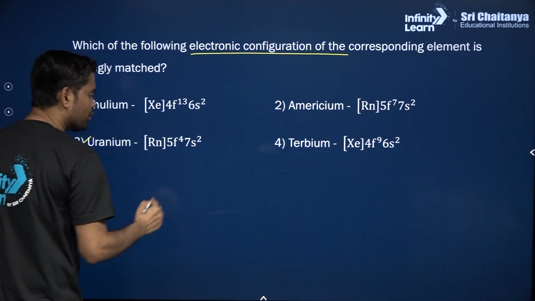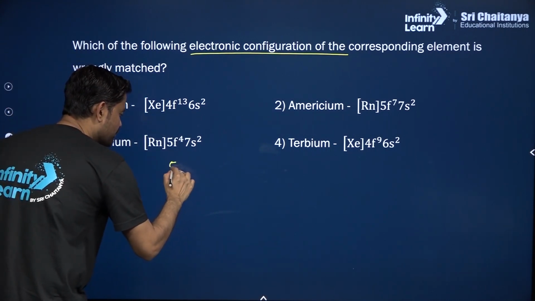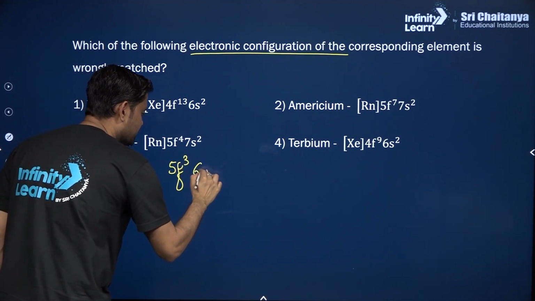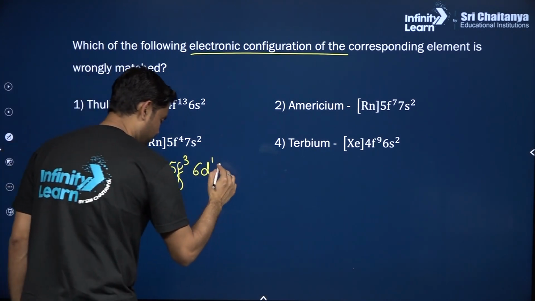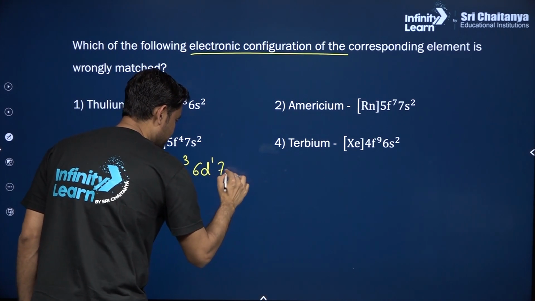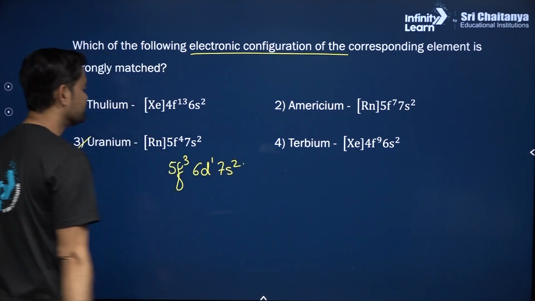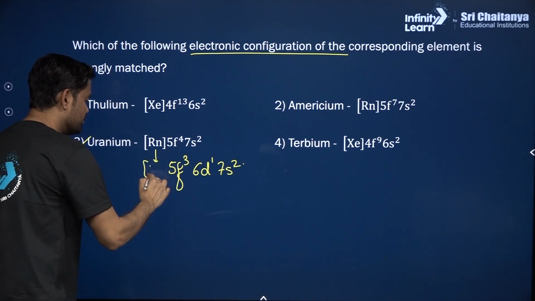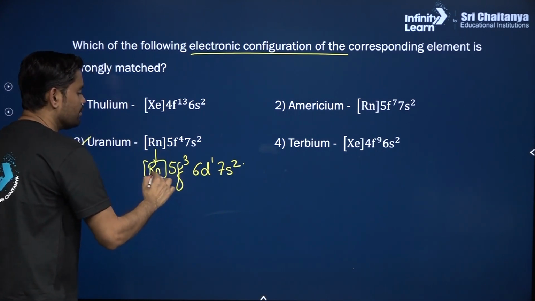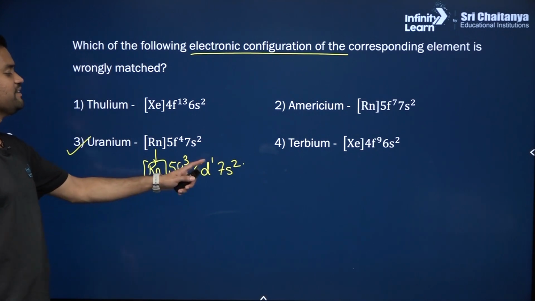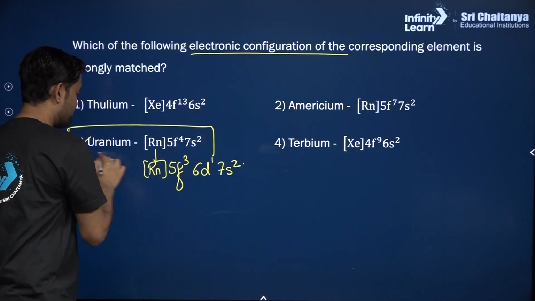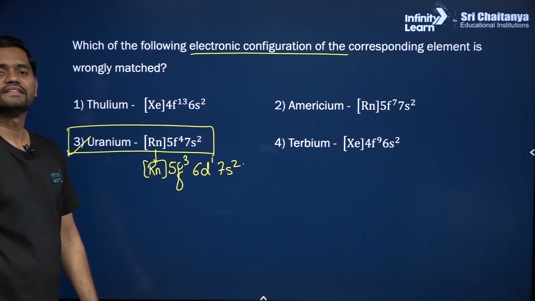Because its electronic configuration includes 5f3, 6d1 and 7s2. Clear? Obviously the radon will be there over here. So it is 5f3, 6d1 and 7s2, and hence for this question also the answer is 3.